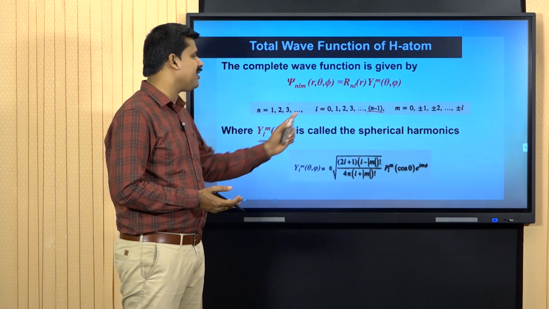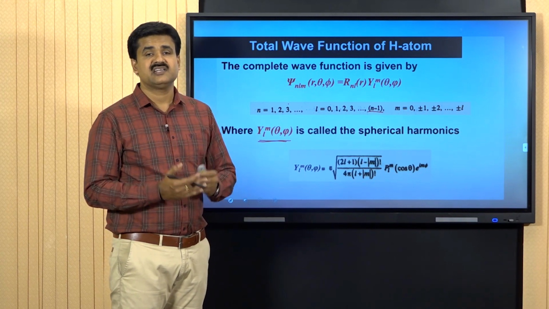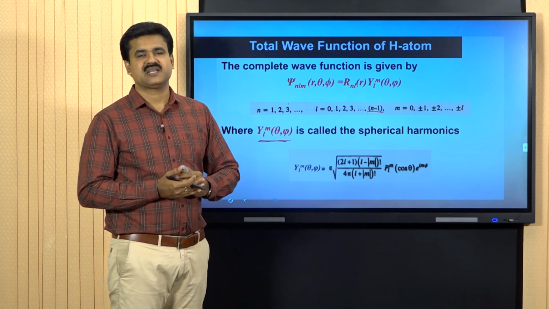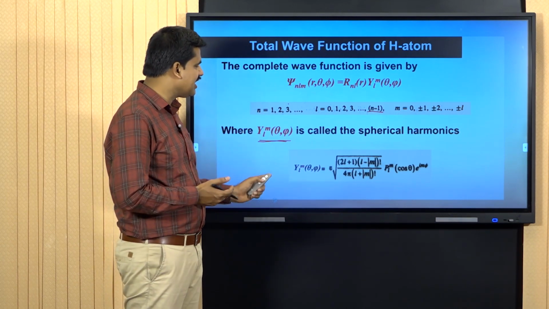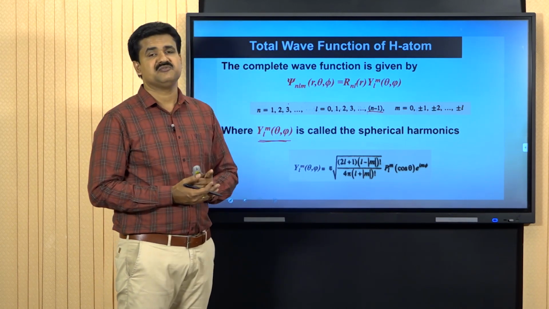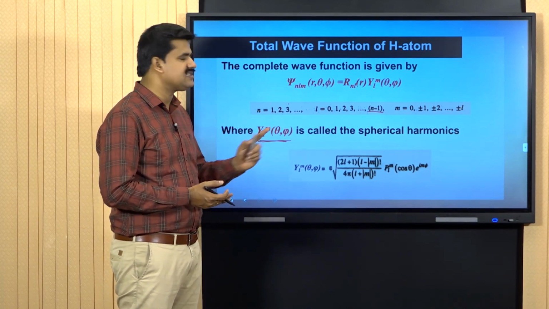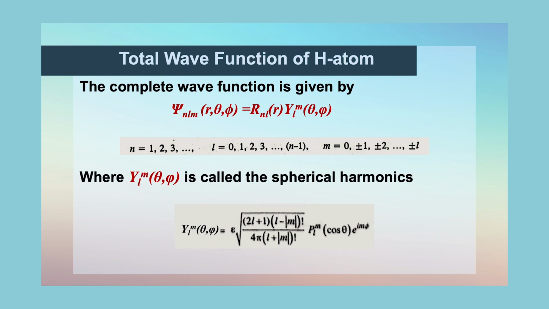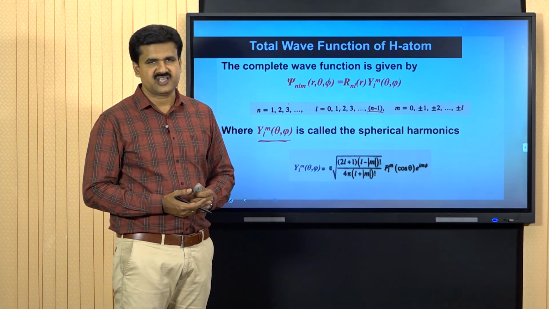This angular part is also called spherical harmonics, and previously we learned about spherical harmonics. Spherical harmonics, Y l m (theta, phi), is equal to epsilon, a numerical constant, multiplied with the square root of (2l plus 1)(l minus m)! divided by 4 pi (l plus modulus of m)! into P l m (cos theta) into e raised to i m phi.